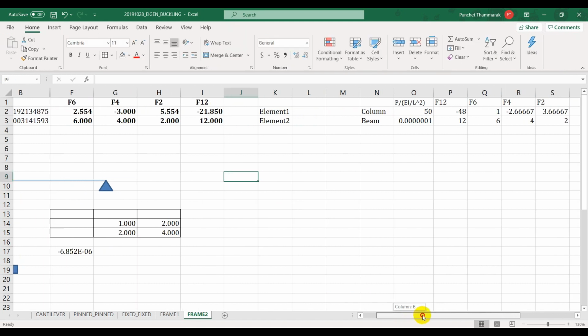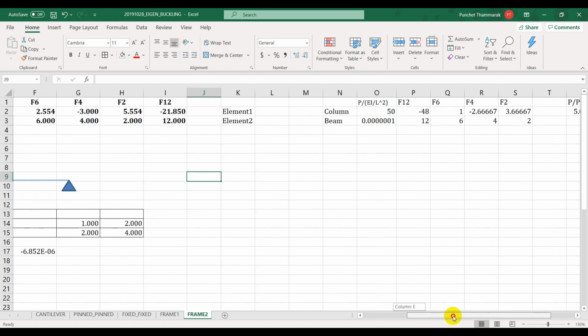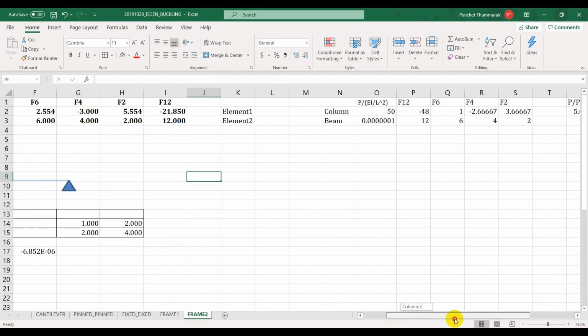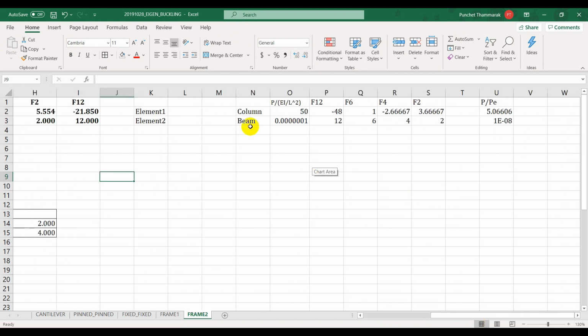Okay, so we will have 2 columns stiffness matrix and 1 beam stiffness matrix. So for the column, I will set the P equals to something times EI over L square.